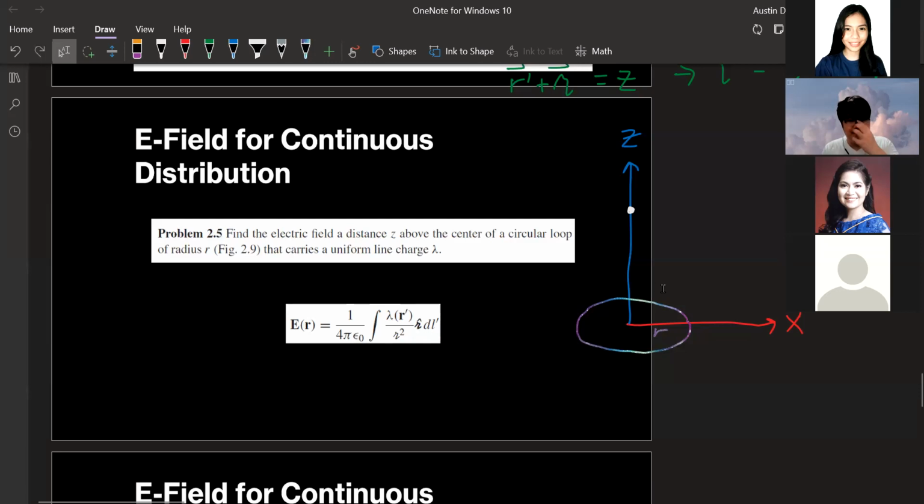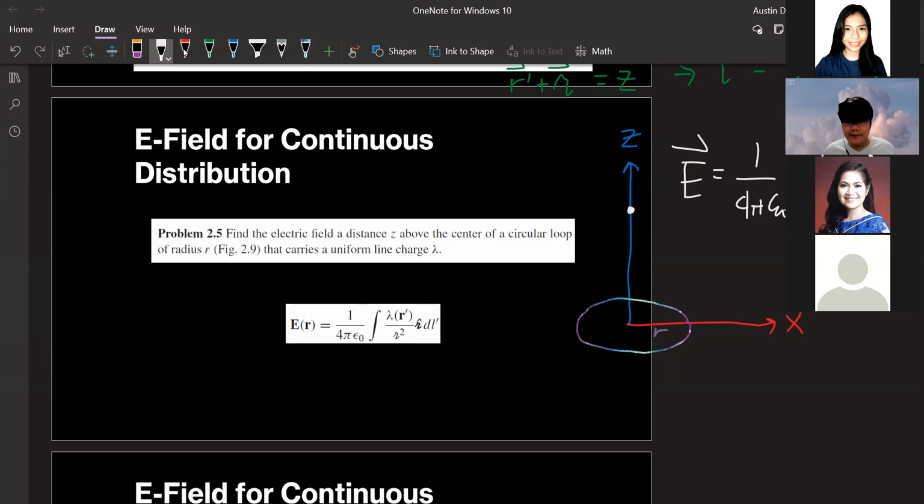Okay, so let's write down the equations. Let's use a white colored marker. Electric field will be 1 over 4 pi epsilon naught integral of lambda. Lambda is lambda, right?